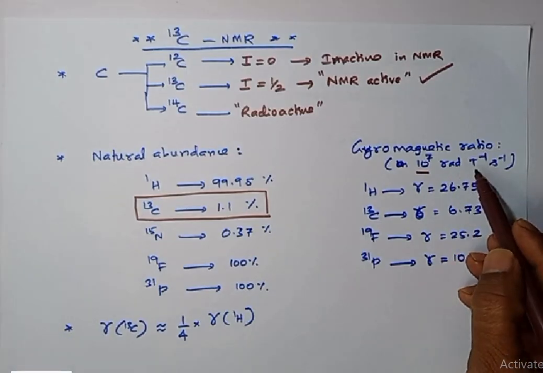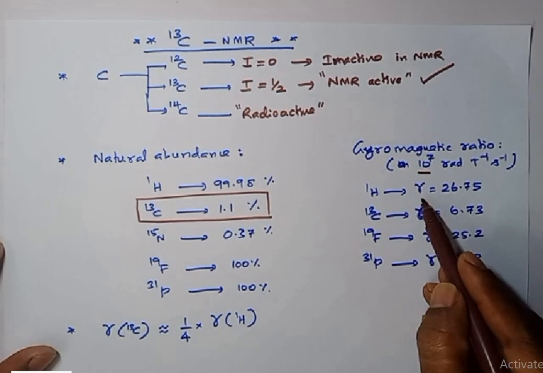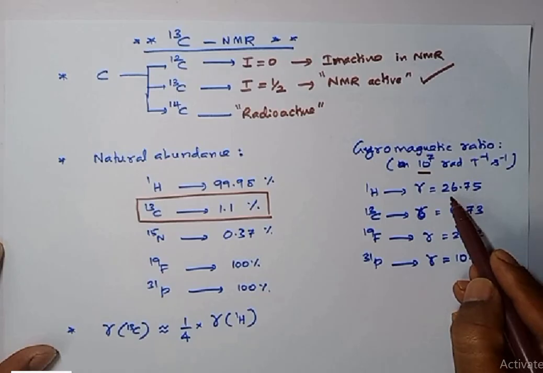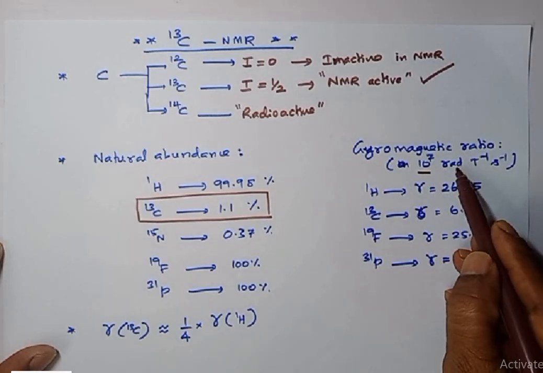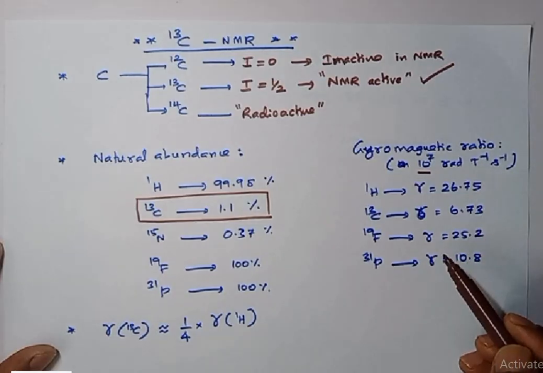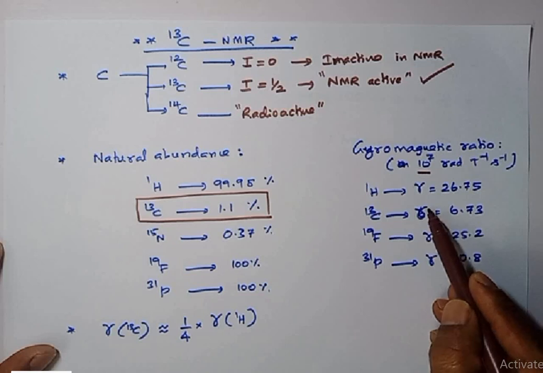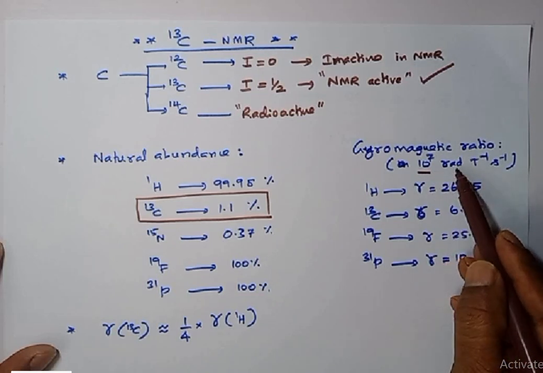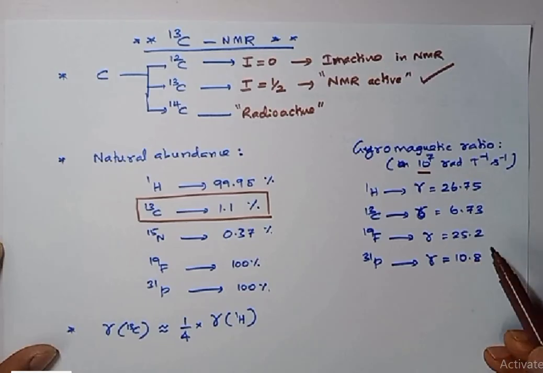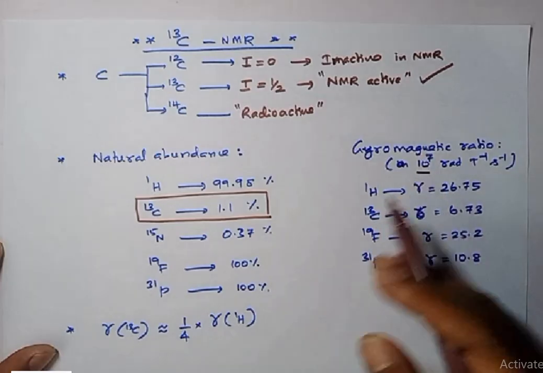For the proton nucleus, the gyromagnetic ratio gamma is 26.75 into 10 to the power 7 radians per Tesla per second. For the C13 nucleus, gamma equals 6.73 into 10 to the power 7 radians per Tesla per second. Like that, for F19 and P31 I have given values here, you just go through that.